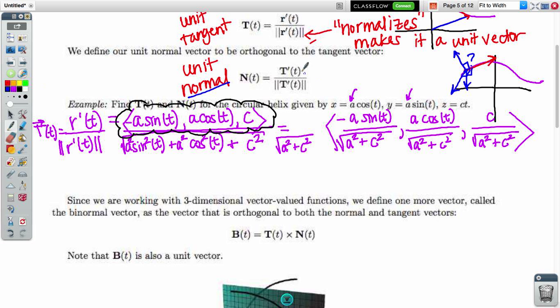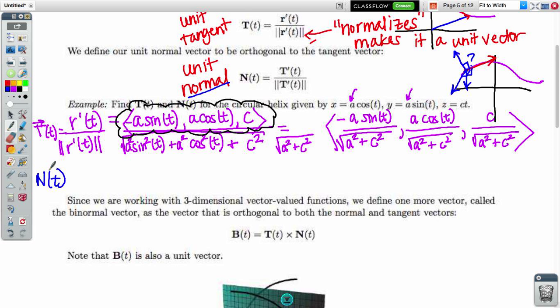Now, I basically just do the exact same process again to find the unit normal vector. So using that, I just need to find the derivative of the tangent.